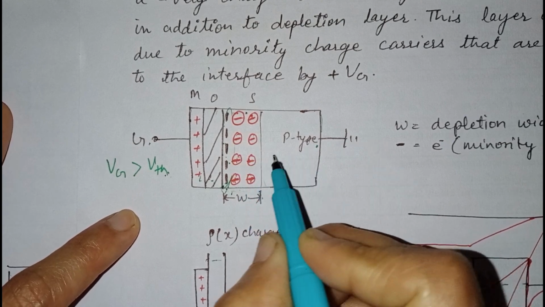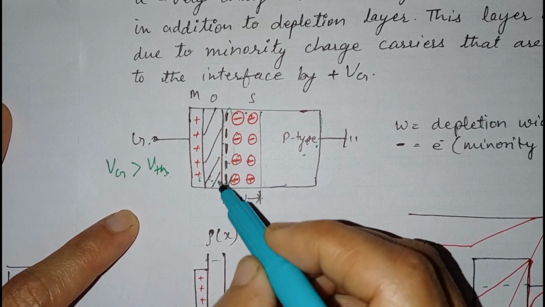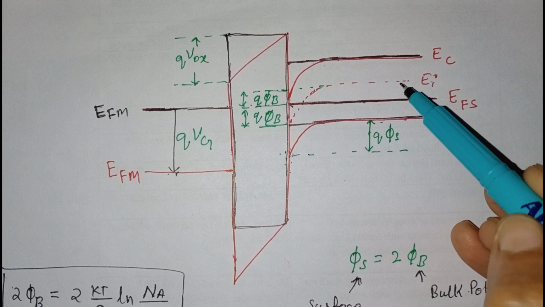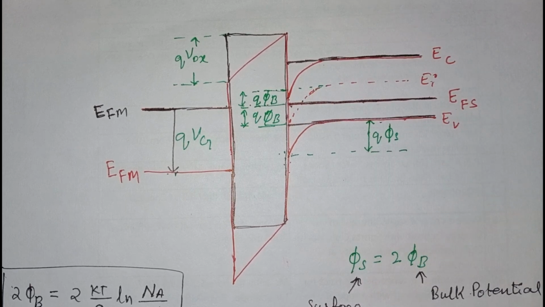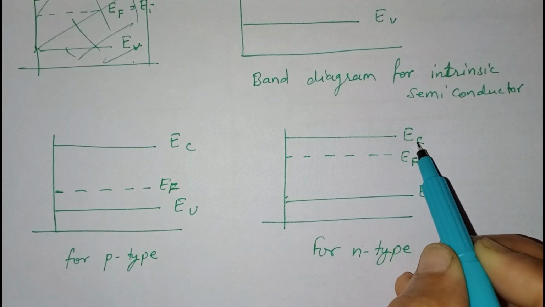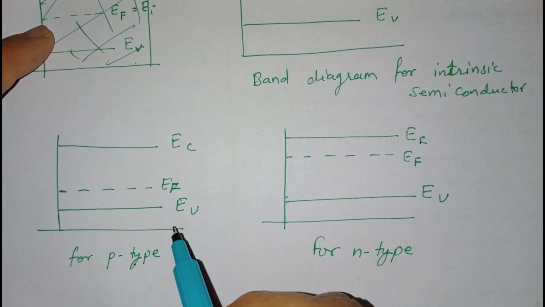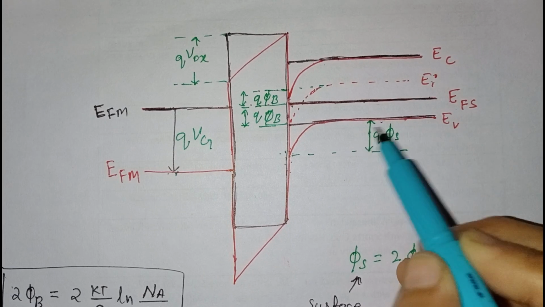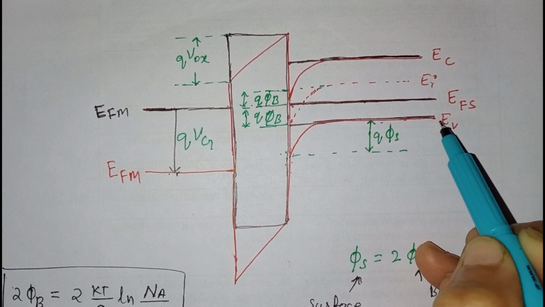So this p-type semiconductor is converted into an n-type semiconductor near this interface. Due to this, the bands of the substrate side move downward at the interface. We know for an n-type semiconductor, the Fermi level is near the conduction band, and for a p-type semiconductor, the Fermi level is near the valence band. As in our case the substrate is p-type, the Fermi level is near the valence band.